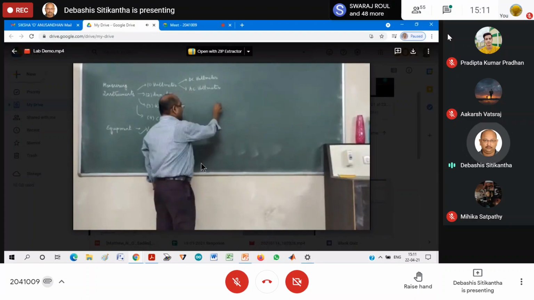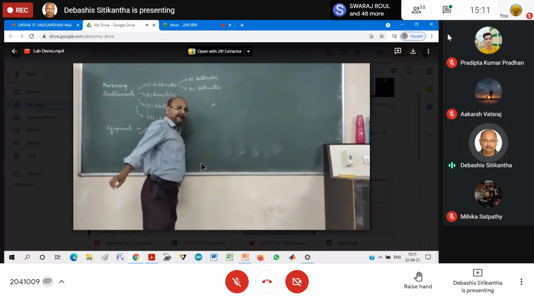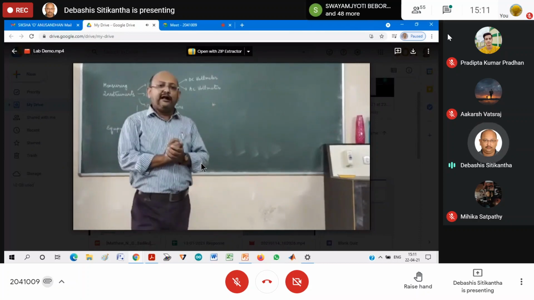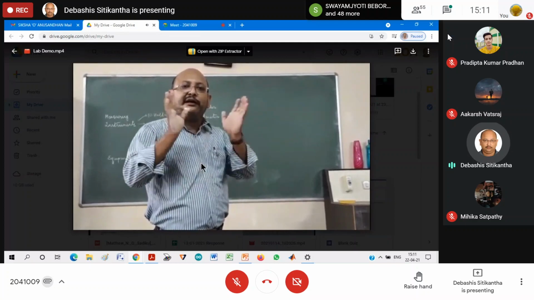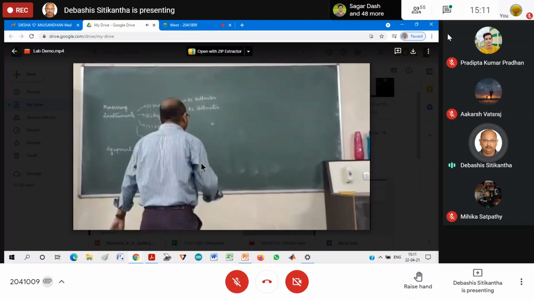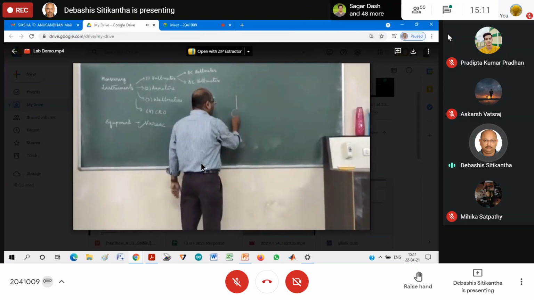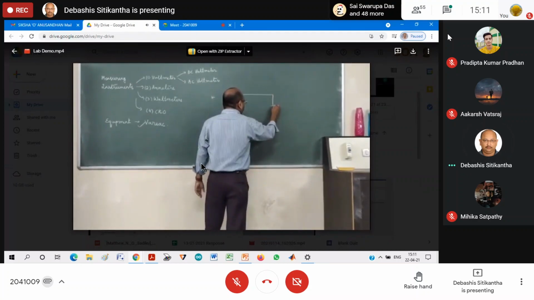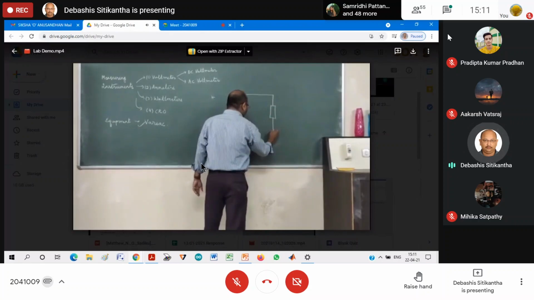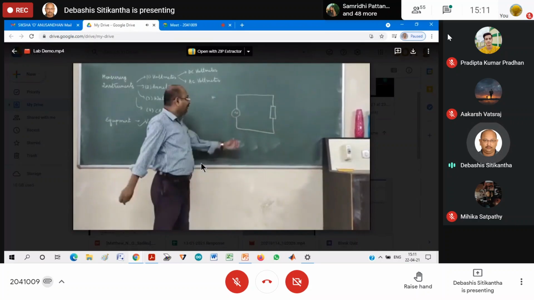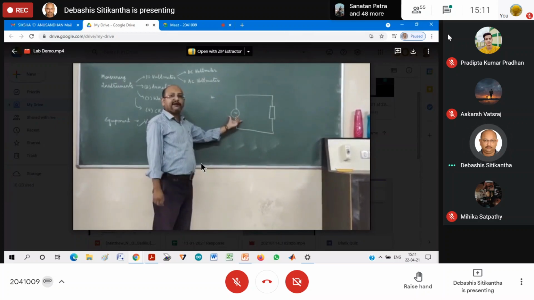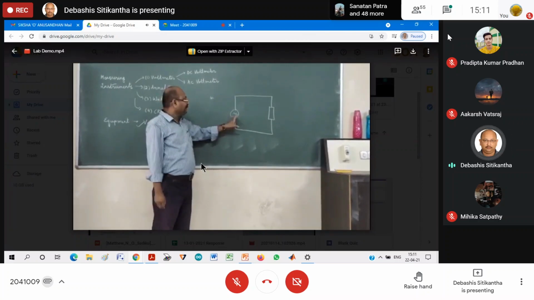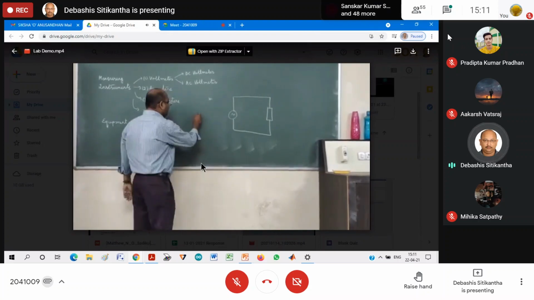Another important thing regarding the connection of the voltmeter. Suppose I don't know exactly what the voltage drop across a particular load is. For example, suppose I have a source over here and there is a load over here, and I am unaware of the voltage induced by this source.